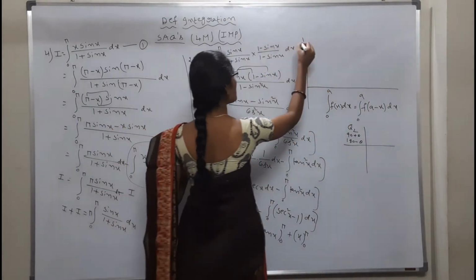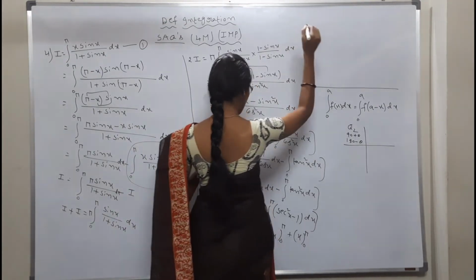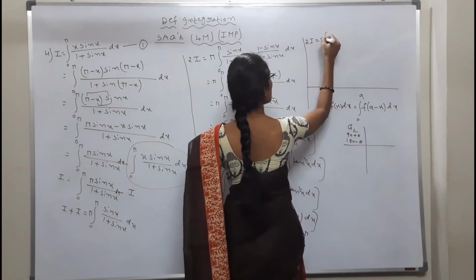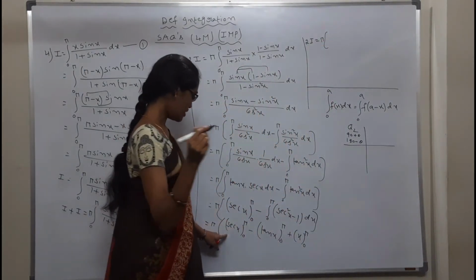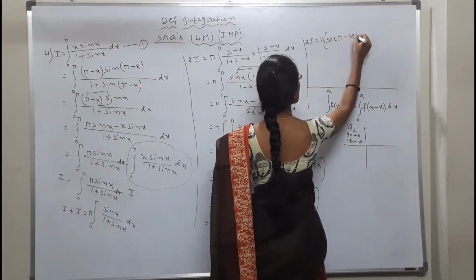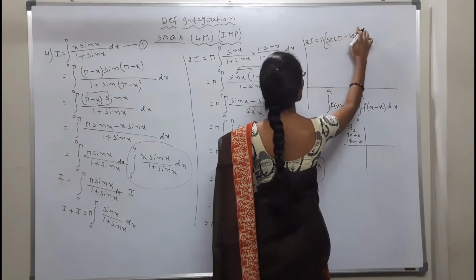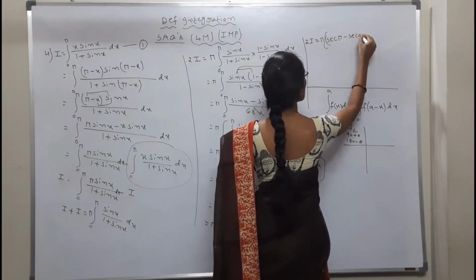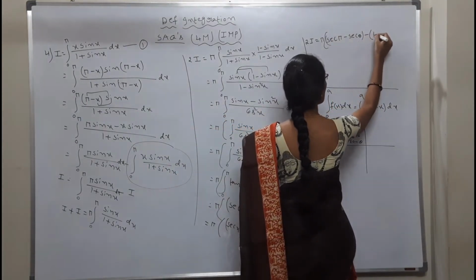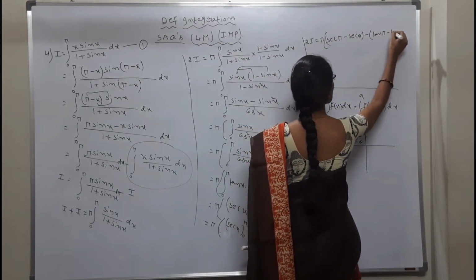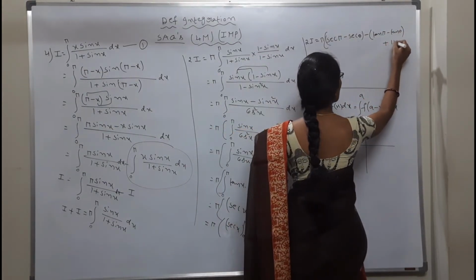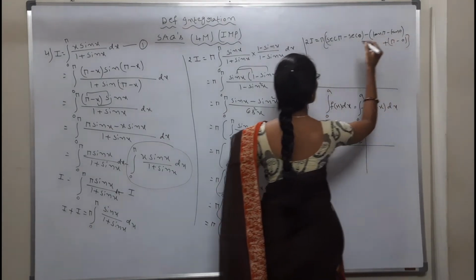Here 2I is equal to pi into secant upper limit minus lower limit, secant pi minus secant 0, minus of tan pi minus tan 0, plus pi minus 0.